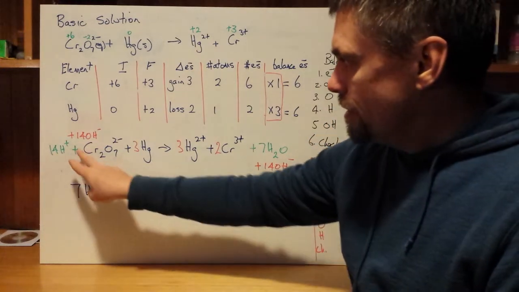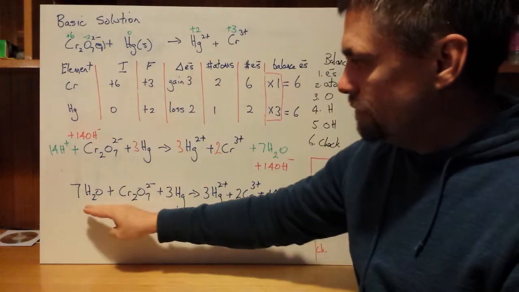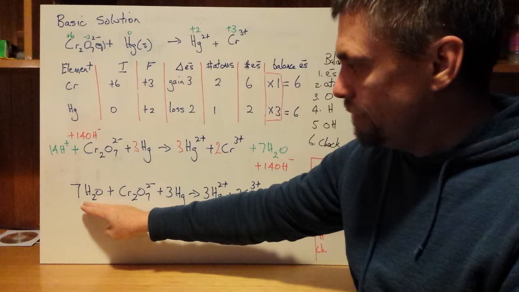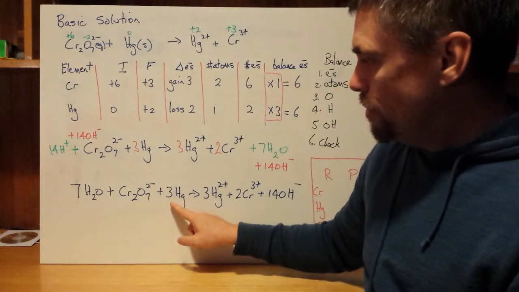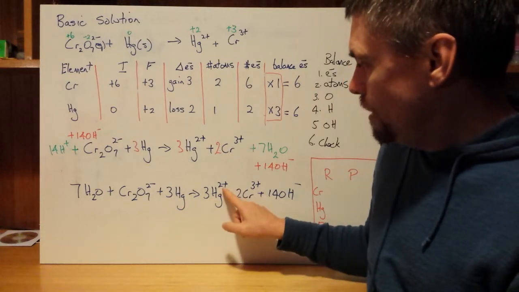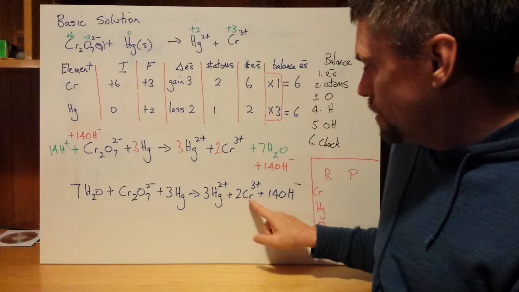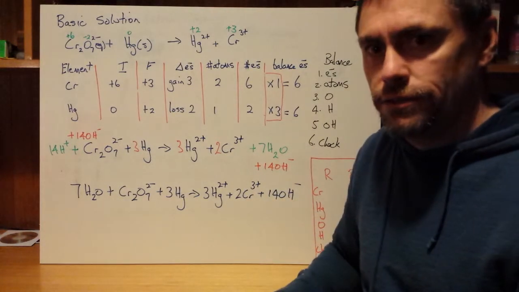So we end up with 14 water there, 7 water on this side, which leaves us with a net of 7 water on the left hand side, plus 1 dichromate ion, plus 3 mercury atoms, gives us 3 mercury 2+ ions, plus 2 lots of chromium 3+ ions, plus 14 lots of hydroxide ions.